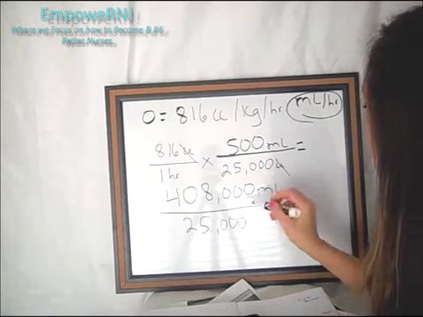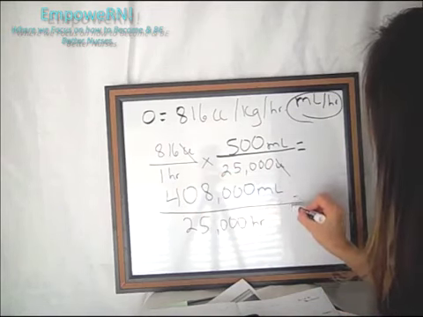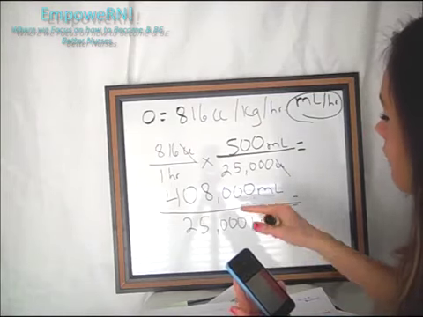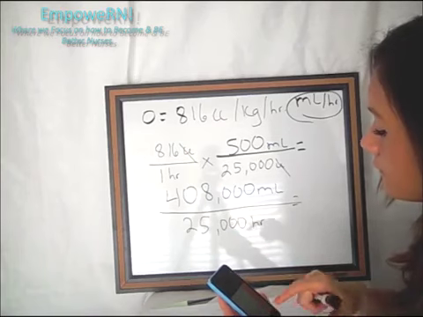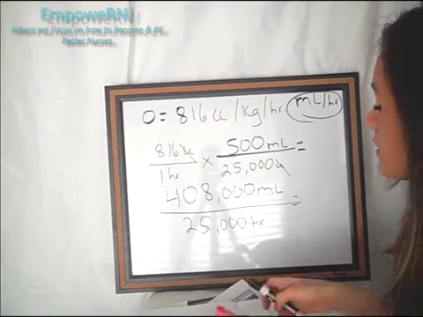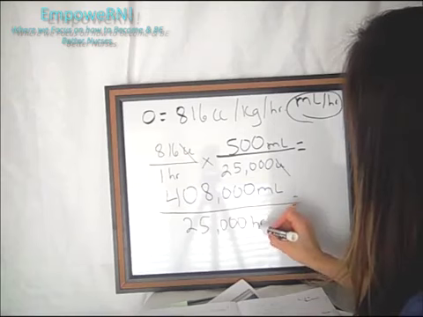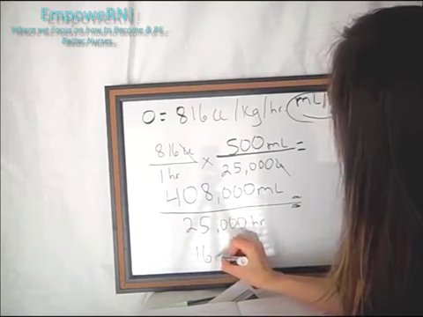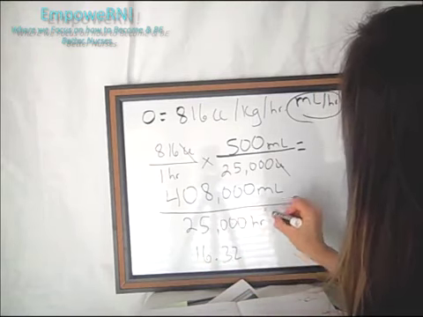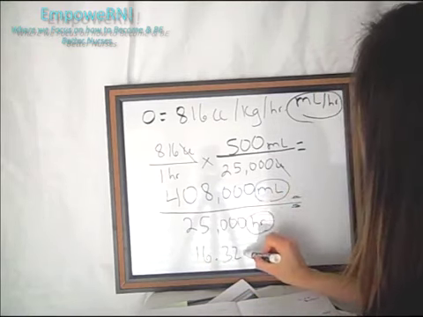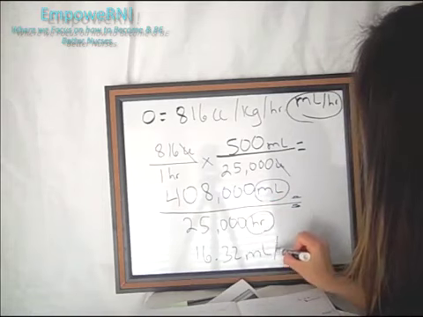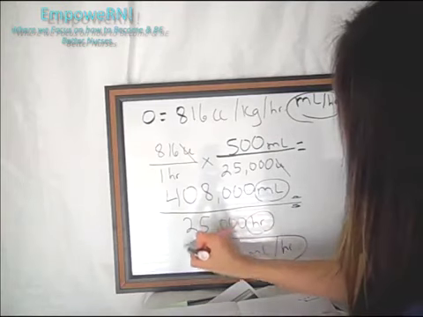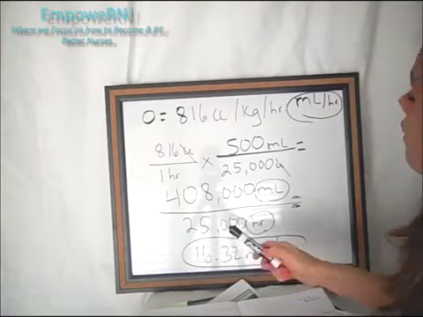And then we're going to carry over the hours. So what we're going to get is 408,000 divided by 25,000 equals 16.32. And then we take the mLs per hour, which is what we wanted. And that is our final answer.